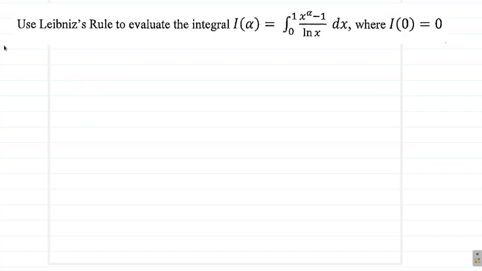Now, Leibniz rule. Leibniz, not Leibniz apostrophe s.